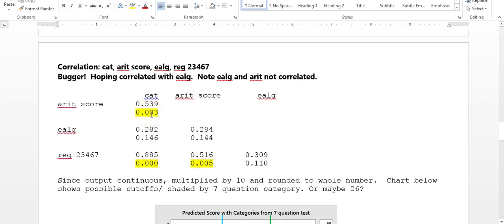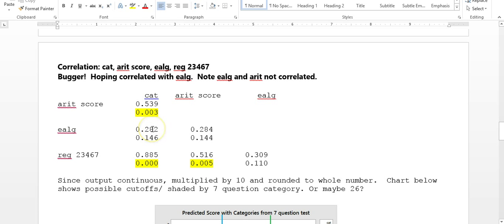And notice these were decimal questions, so this is arithmetic, and it was significantly correlated with 0.539, and that's not super high, but that's decent. And it made me happy that they were correlated, because that in a slight way kind of validates our instrument, saying that because it's correlated with this one that we know is nationally normed.